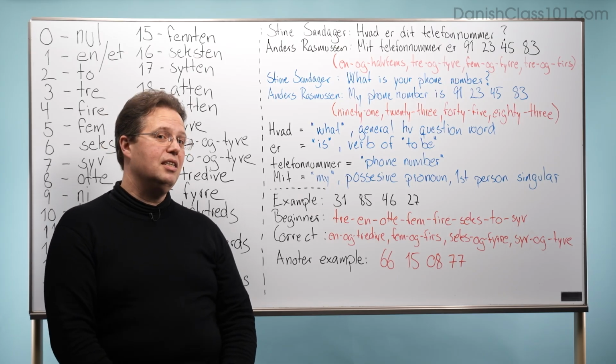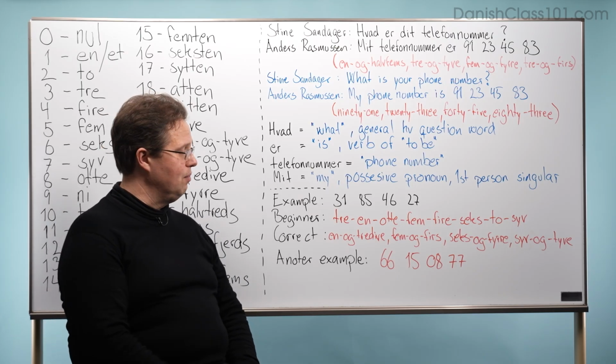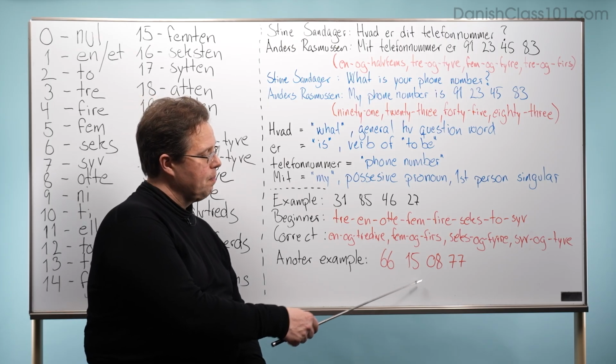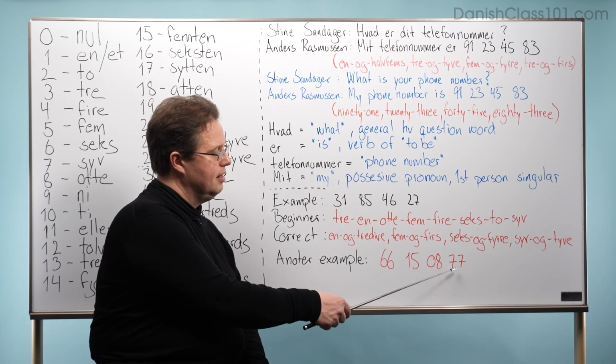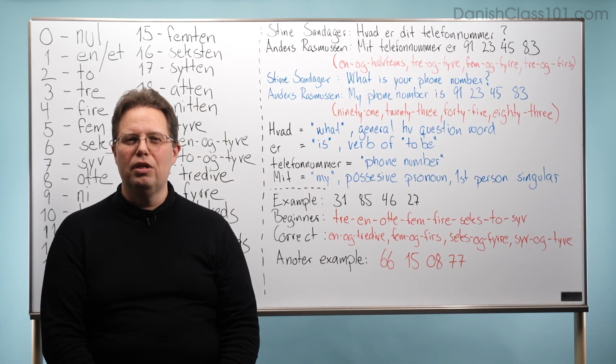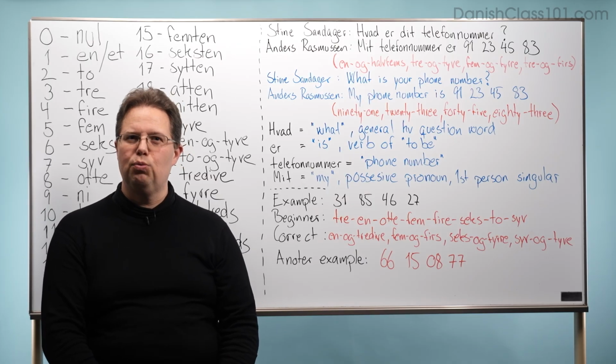So here's another example, the last one. Let's see if we can do that together, right? 66, 15, 08, and 77. All right, let's see if we can do the beginner version of that. So only single digits for this one. You ready?